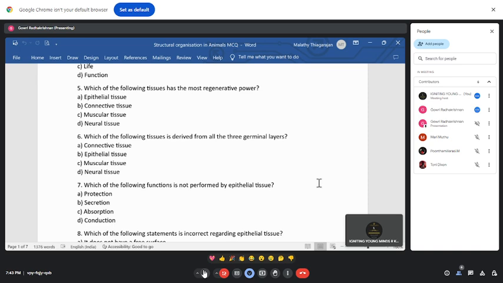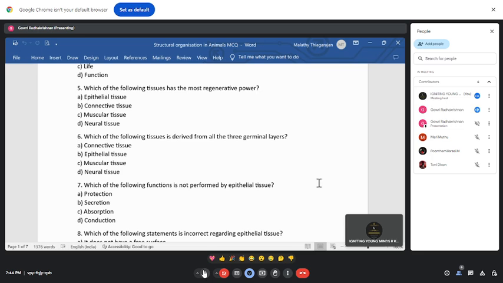See, if something happens to the covering or the lining, immediately it gets repaired. The cells multiply, and then the repair is done. In connective tissue and muscular tissue also, repair is done to some extent, but it takes time.